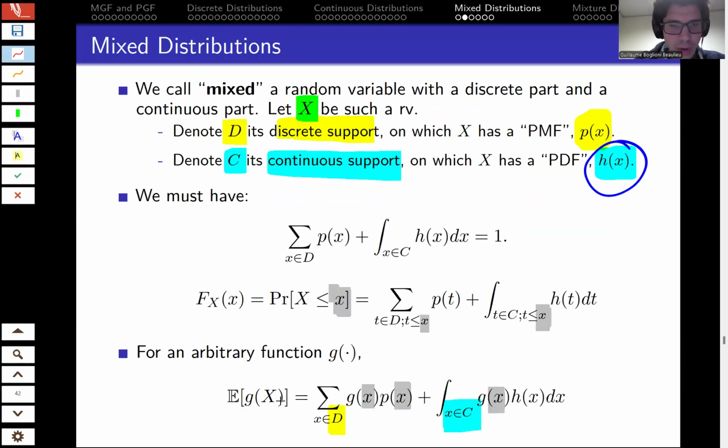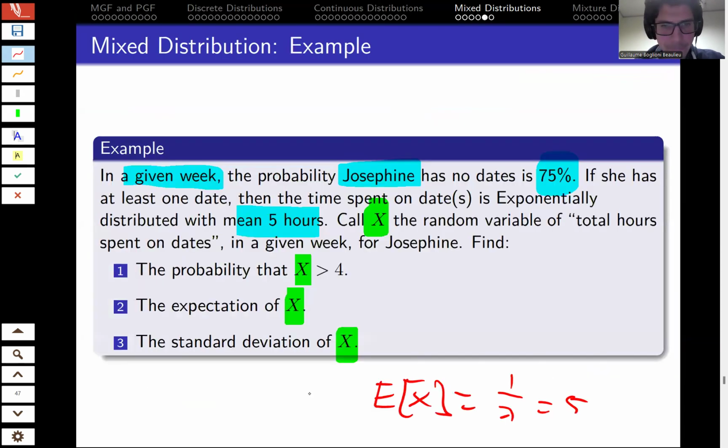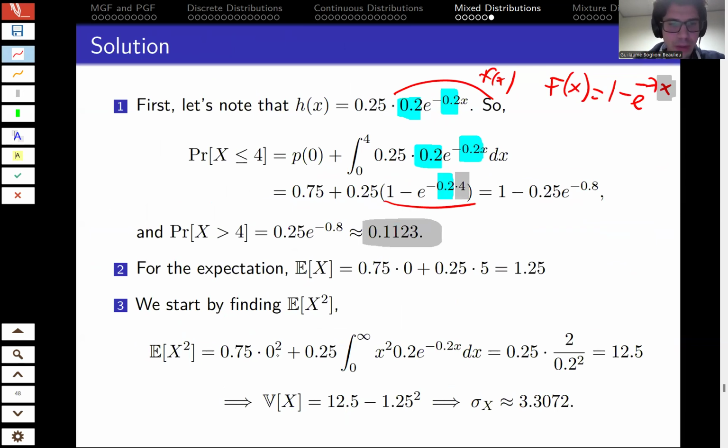It's just that our g(x) would be specifically x squared. Again, the only discrete part is the 0, so 0 squared is still 0, so this disappears. And then again, you have your constant in front, the 0.25, and then you integrate x squared times f(x), because I've put the 0.25 in front.